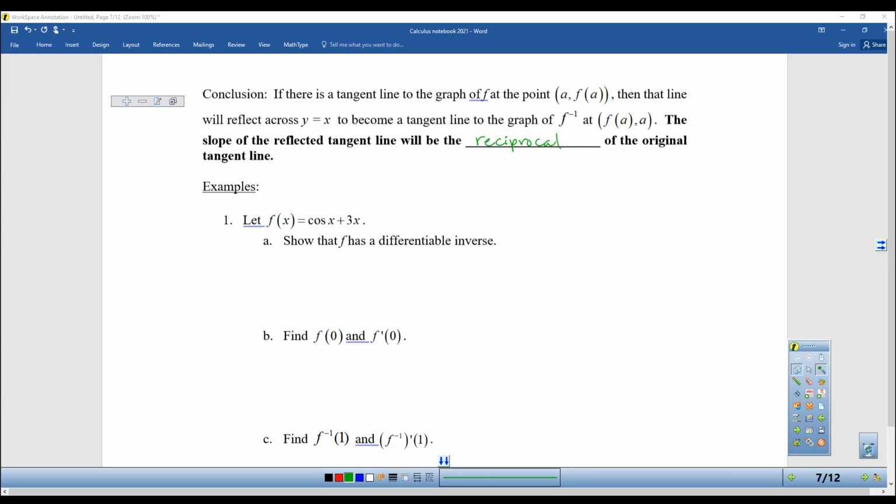Okay, so we're actually going to do a problem now with an inverse trig function. So let f of x be equal to cosine of x plus 3x. So there's two parts to this. One is we have to say that f is differentiable. We actually haven't done a lot of this yet. This is going to be in a couple lessons from now. But pretty much something's differentiable if it doesn't have anything sharp or pointy.